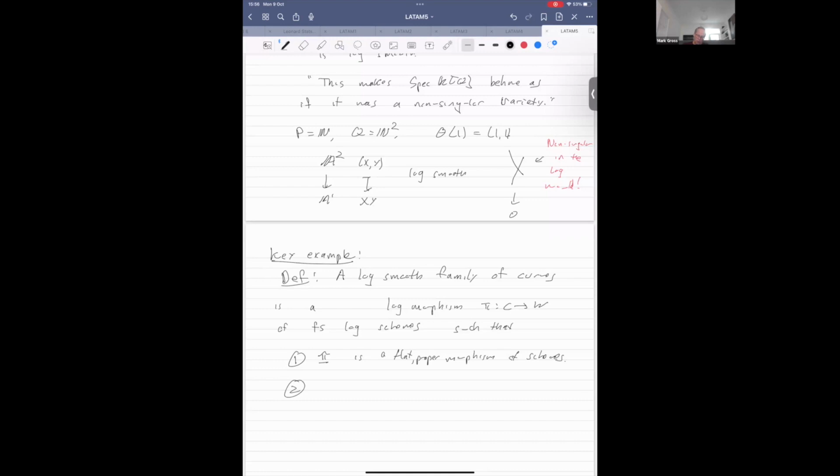Secondly, all fibers are reduced. So we don't allow something like, if we had (x, y) goes to x squared y here, then the fiber over the origin would be the zero set of x squared y, which would be a non-reduced scheme. And then finally, we demand that pi is log smooth.